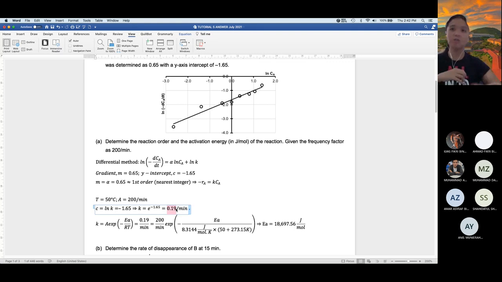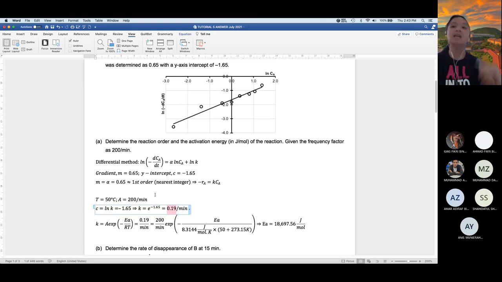Meaning, kalau zero order, dimension dia akan menjadi concentration per time, ataupun unit dia boleh menjadi mole per liter second, mole per dm cube minute, and so forth. Kalau first order, dimension K is 1 per time. So dalam erti unit, it will be maybe per minute, per second, and so forth.